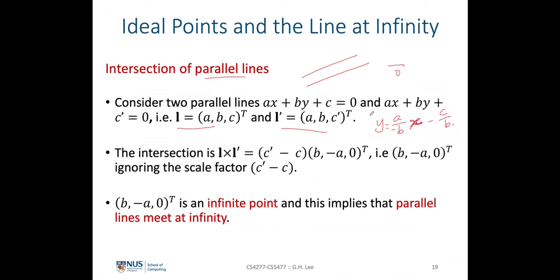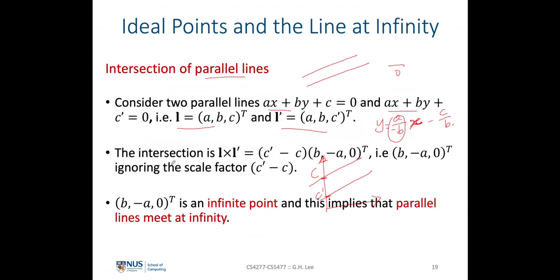Since a and b in these two are the same, they have the same gradient, which means that these are 2 parallel lines which intersect the y-axis at different points, c and c prime respectively. Hence, from a Cartesian point of view, we can easily tell that if the 2 gradients of the lines are the same, then these 2 lines are parallel to each other.